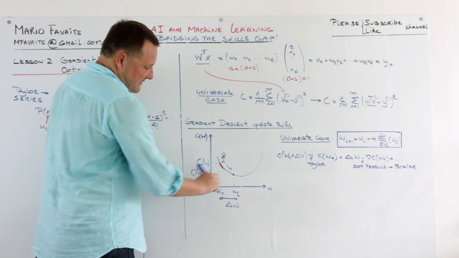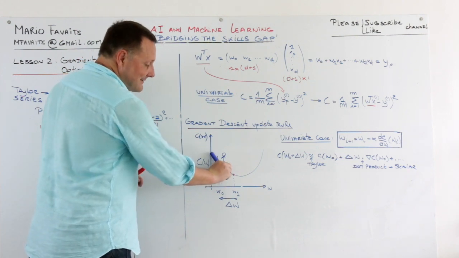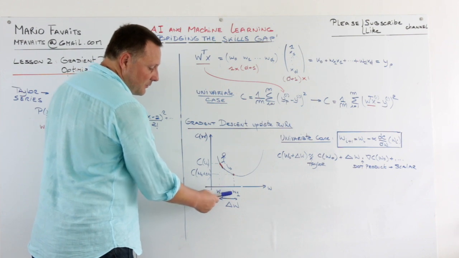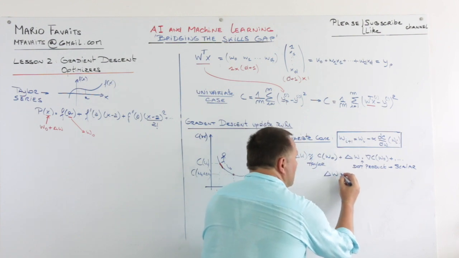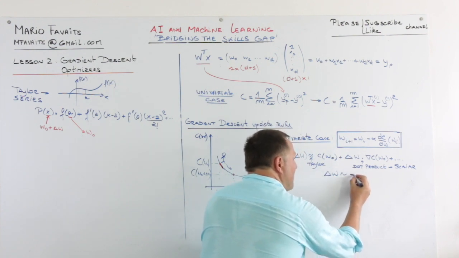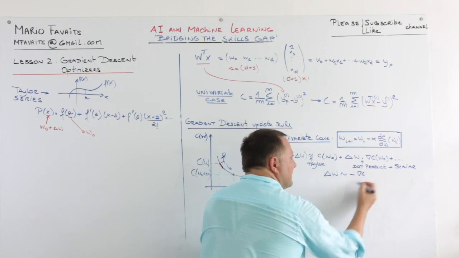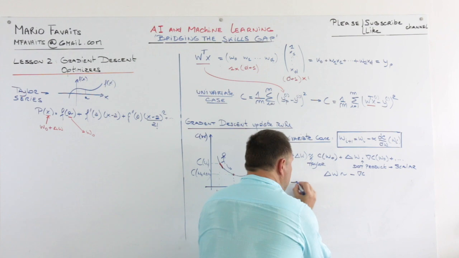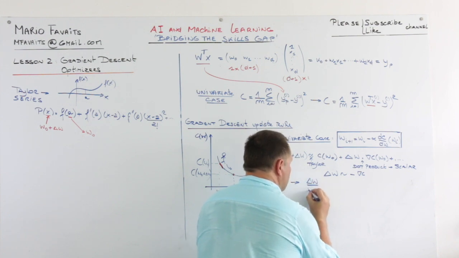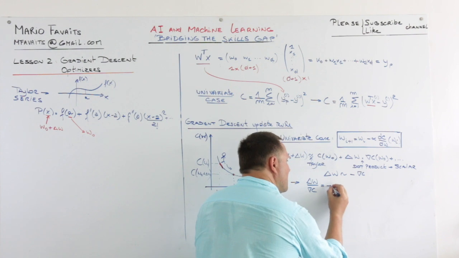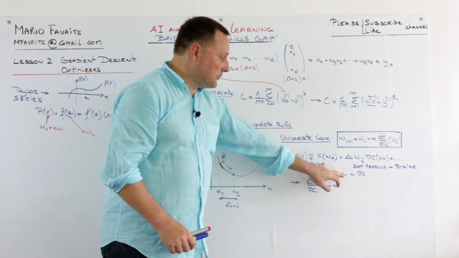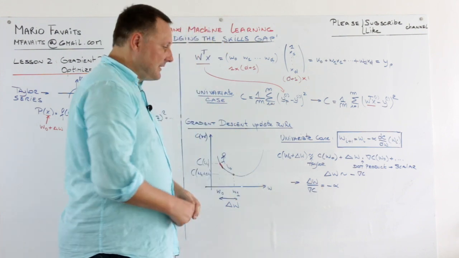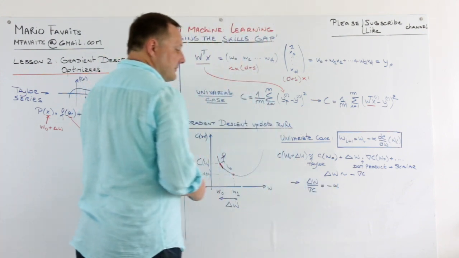Because here the gradient is negative, whereas from W0 to W1 we go in the positive direction. So that means that delta W is proportional to minus the gradient of C. So delta W divided by gradient C equals a certain proportionality constant, which is alpha. This proportional relationship becomes an equality if we define a proportionality constant alpha.